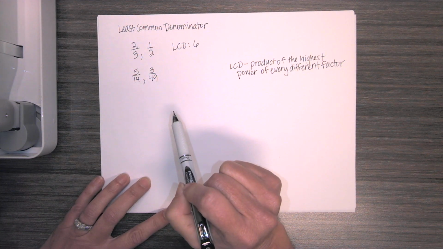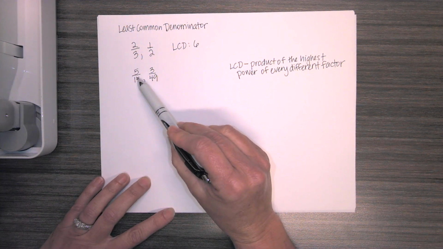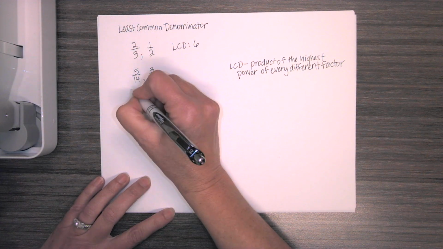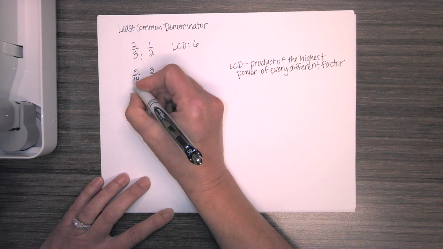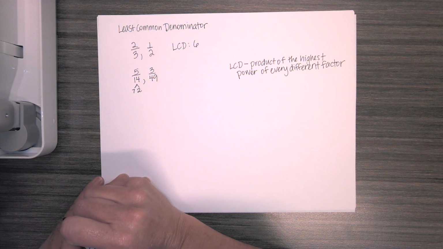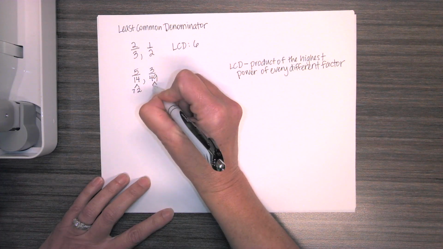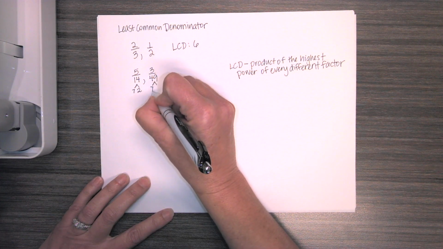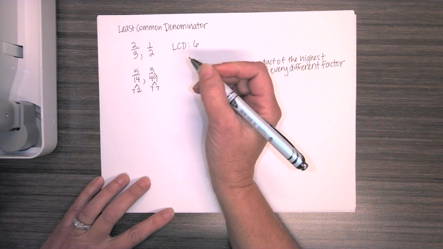So we're specifically looking at the factors for the denominators. So 14, if we factor 14 into prime numbers, it's going to break down to 7 times 2. If we factor 49 down to prime numbers, it's going to break down to 7 times 7.